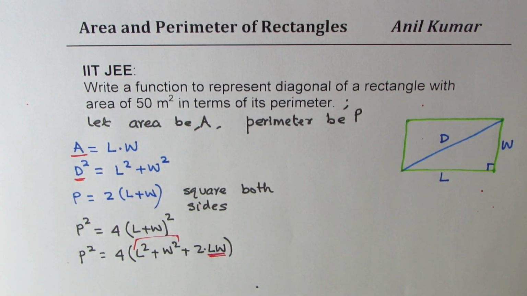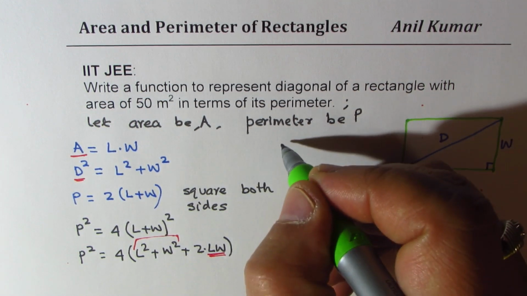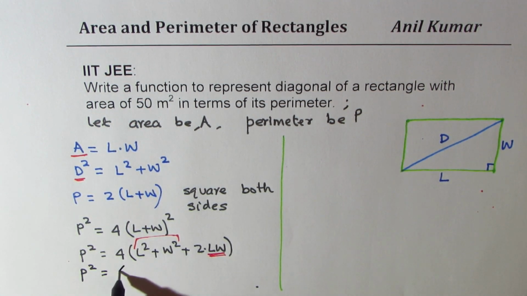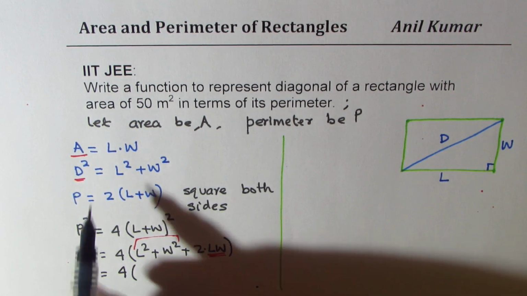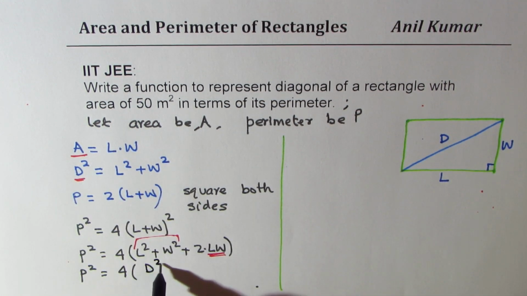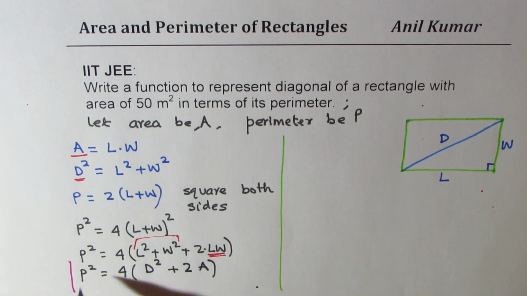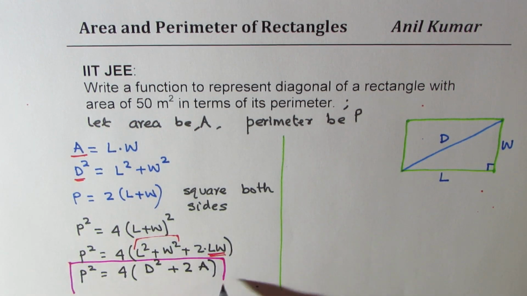So that gives you a link between perimeter and the diagonal. So I could write this as perimeter square equals 4 times diagonal square plus 2 times area. Now this is the most interesting equation, which is going to help you in many solutions. So that's a key, right?